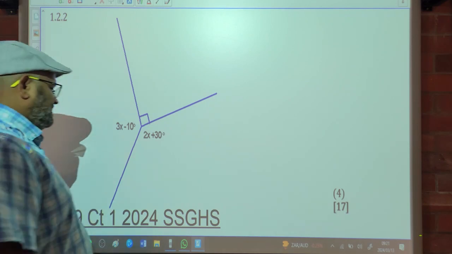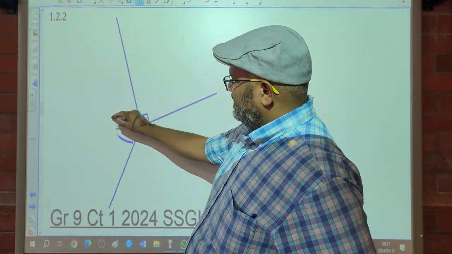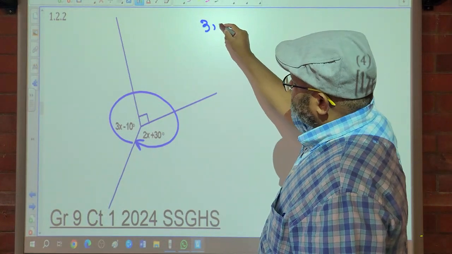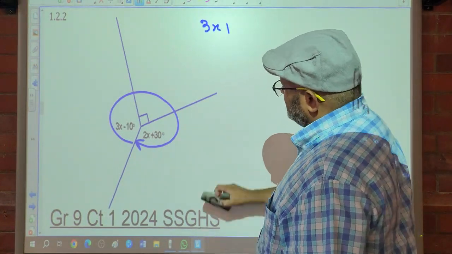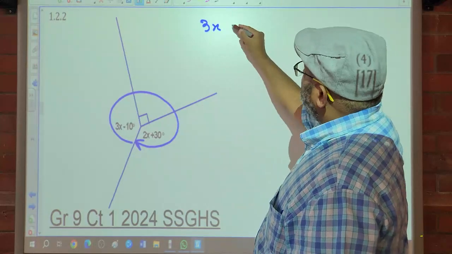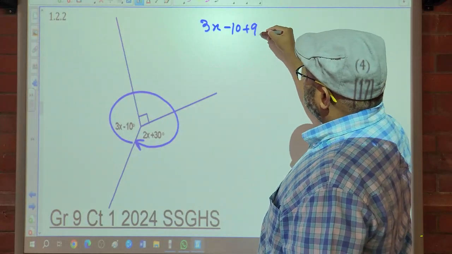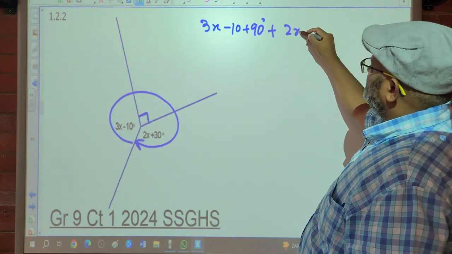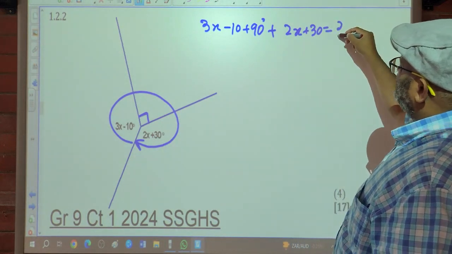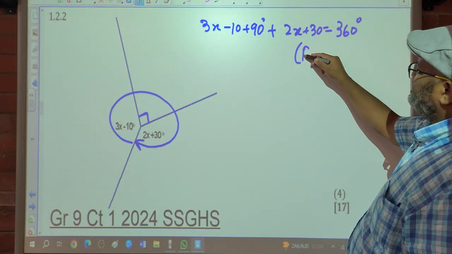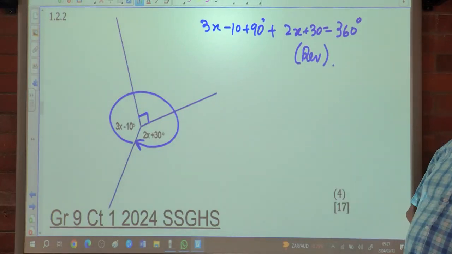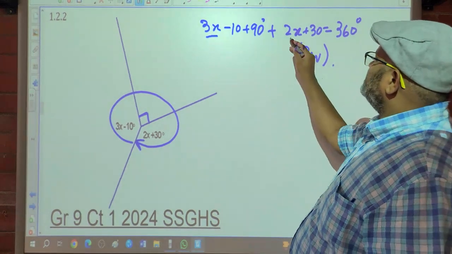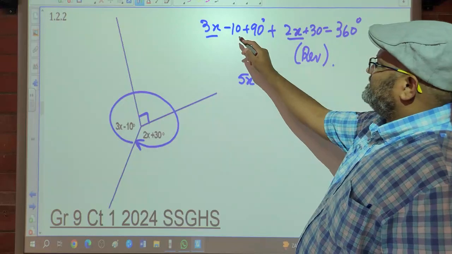Right, so how do you calculate x here? Revolution, so angles around a point. So it's going to be 3x minus 10 plus 90 degrees, as you can see that is 90 there, plus 2x plus 30 is equal to 360. Why? Revolution, or angles around a point. So 3x plus 2x is 5x.